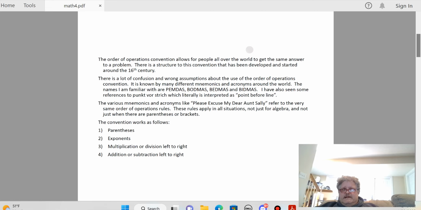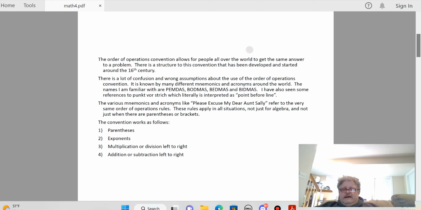I can't remember exactly which. I know in North America it's typically PEMDAS. PEMDAS is parentheses, exponents, multiply, divide, add, subtract. There's also an acronym, Please Excuse My Dear Aunt Sally, that's used to memorize that.